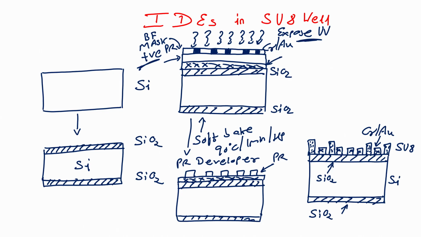So, unexposed area will get stronger. After this step, next step is hard bake, 120 1 minute hot plate.